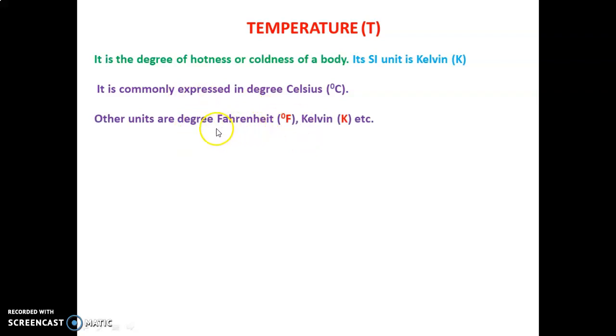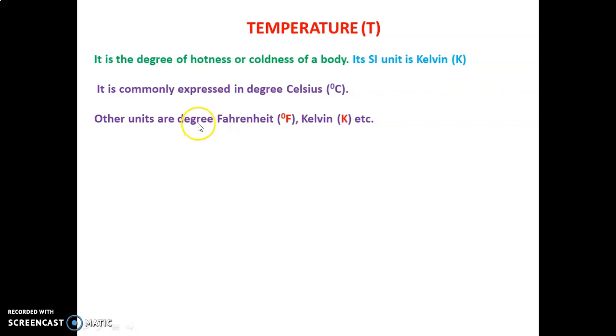Temperature measures how much hotness or coldness a body has. The SI unit is Kelvin.